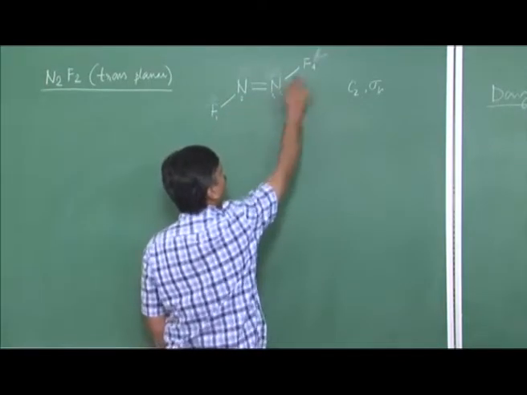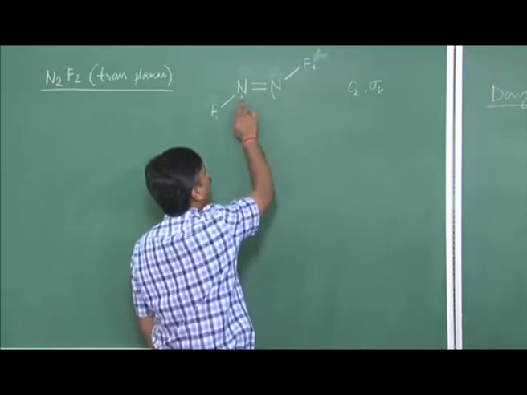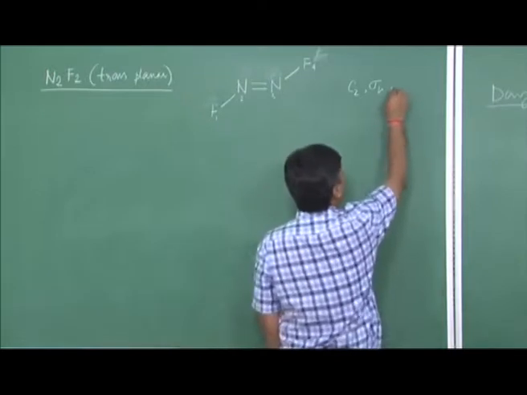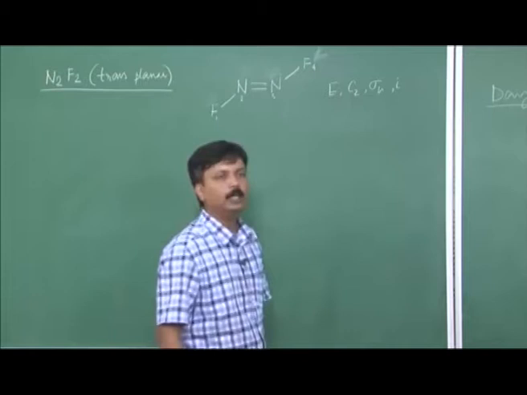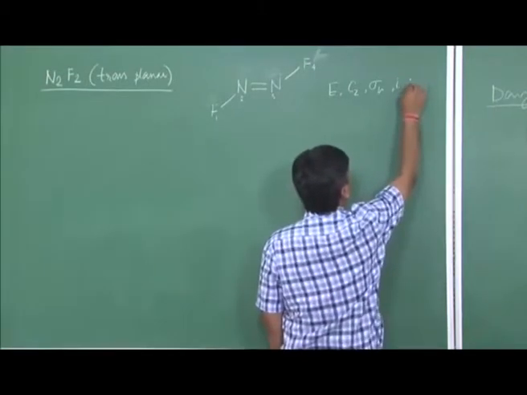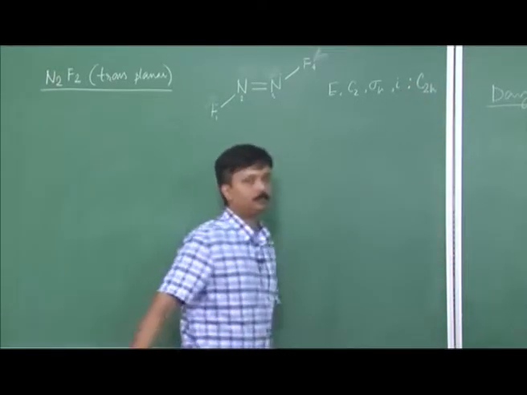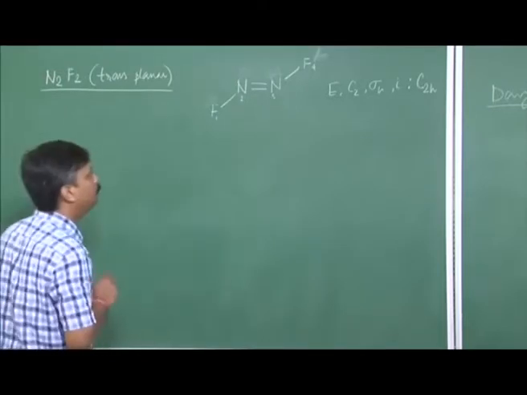Because if I start from here, it will go here and come to the place of 1, and 2 and 3 will also interchange their positions. So I also have i, and nevertheless you have E. So my point group is C2h. Alright, fine, so we have found the point group C2h.